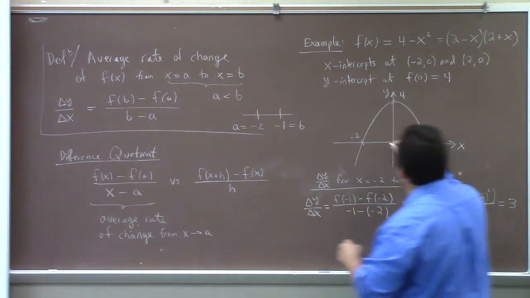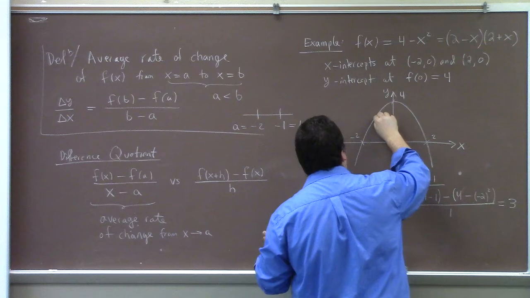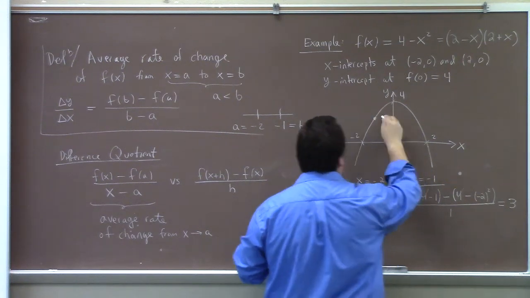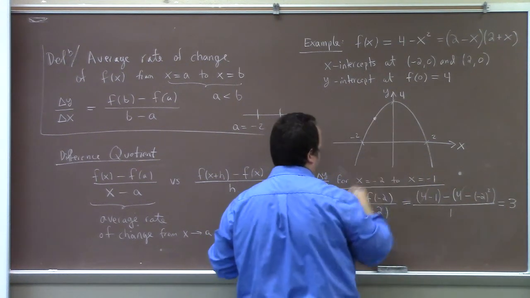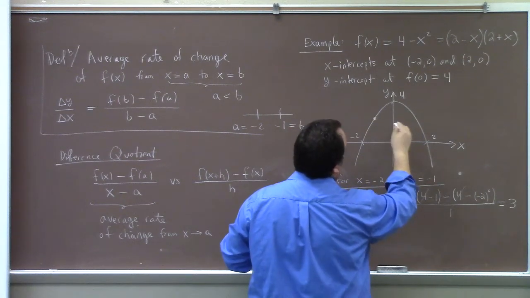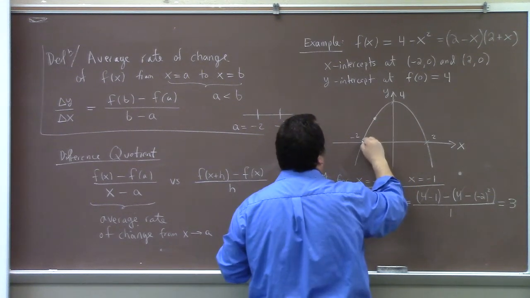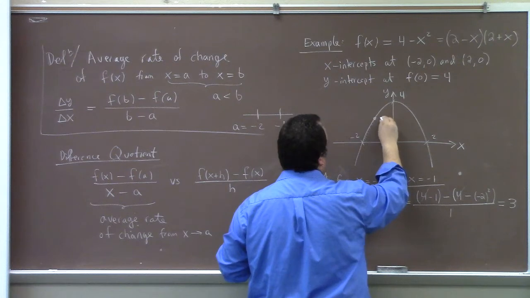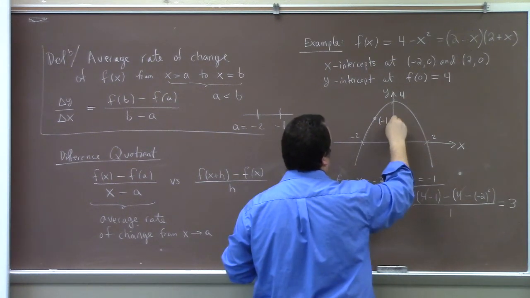So going from this point to this point right here, which would be what? This point is minus 1, 3, I think.